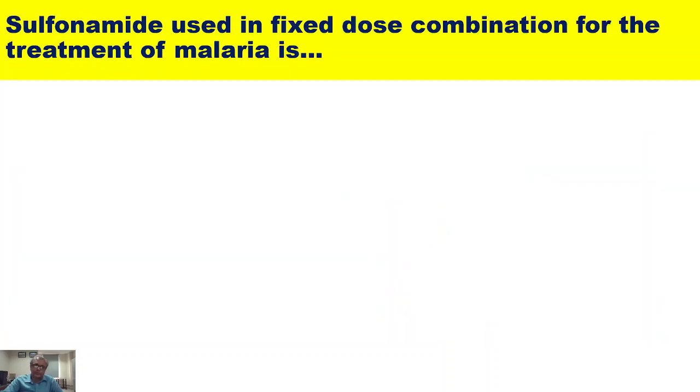Now, sulfonamide, which is used in the fixed dose combination for the treatment of malaria. You all know that sulfonamide is only used topically nowadays. It is not used alone for systemic therapy because of the development of resistance. In case of malaria, we require a sulfonamide whose half-life matches that of pyrimethamine, a long-acting sulfonamide.